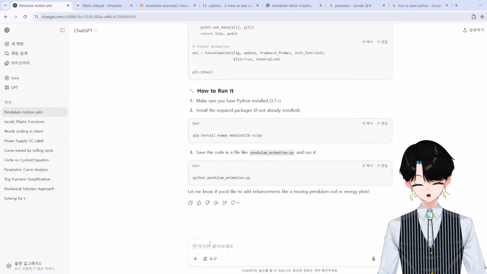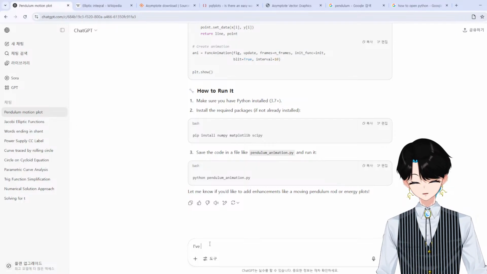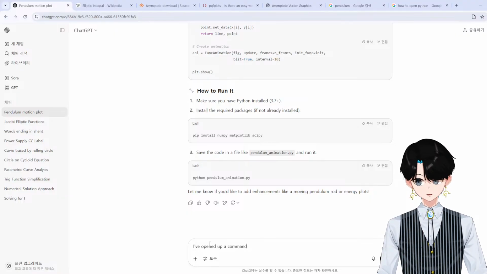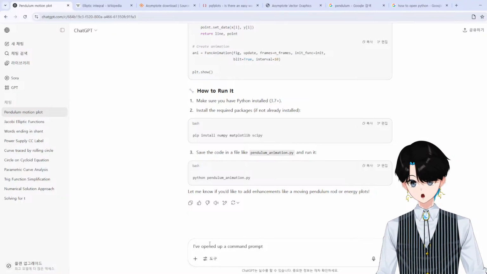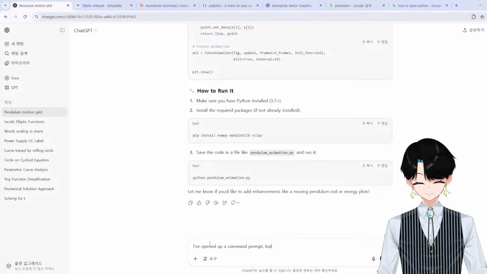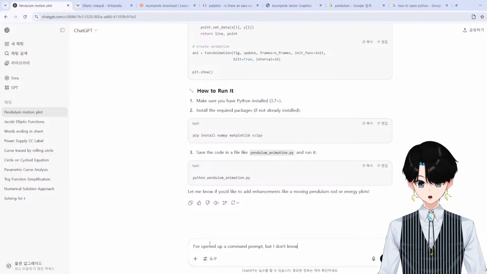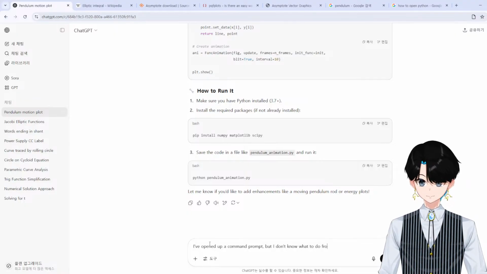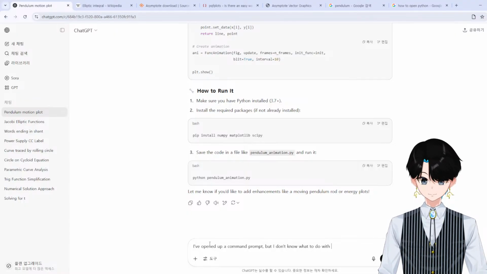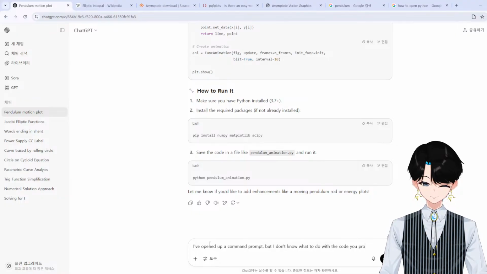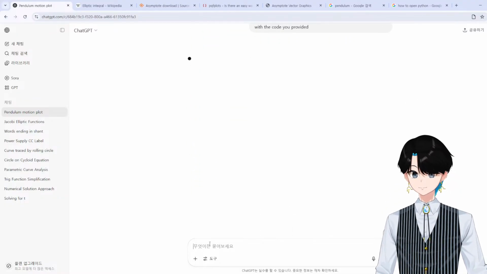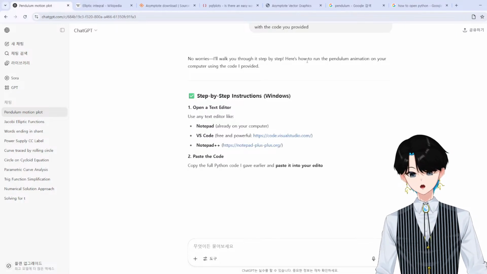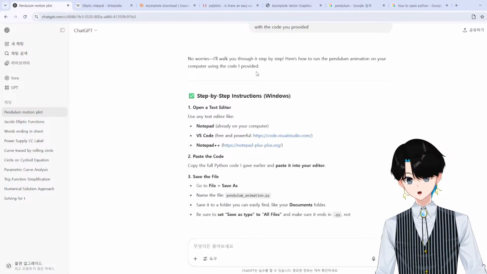I have opened up a command, but I don't know... Here's how to run the pendulum animation on your computer using the code I provided.